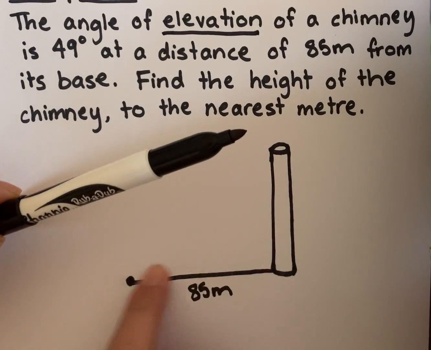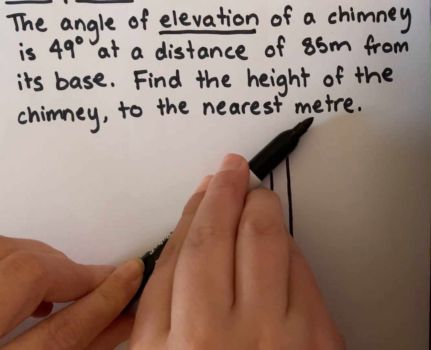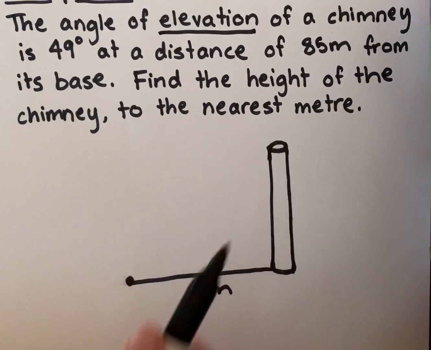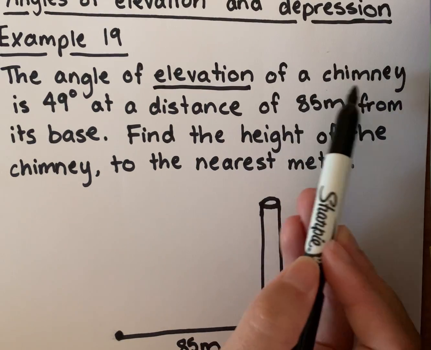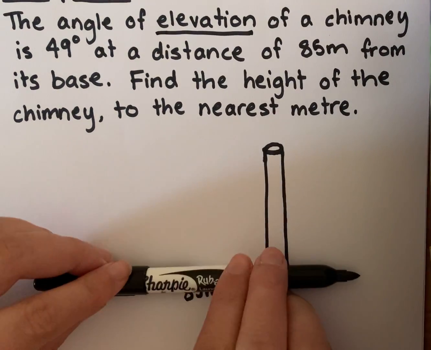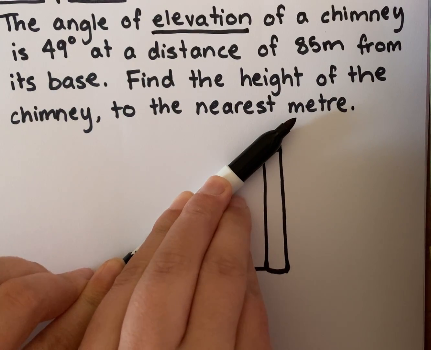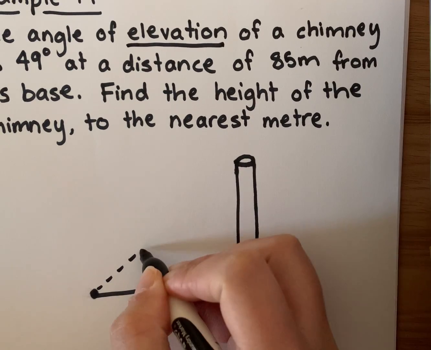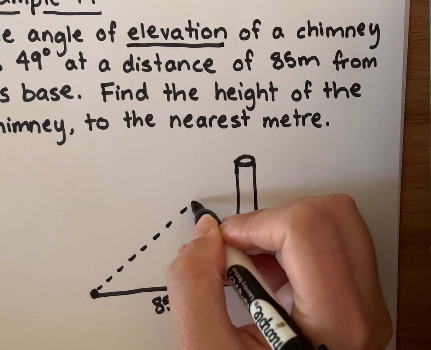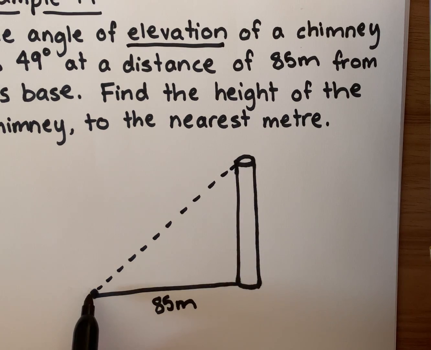So make sure we're looking out on the horizontal. From there, we go up, okay, to the top of the pyramid. Because remember, it's the angle of elevation of, sorry, not pyramid, of a chimney. So we go from the horizontal and we elevate up until we get to the top of the chimney. So this line here, that's going to make up the other part of our angle. This is the line of sight from this point, 85 meters away from the base of the chimney.